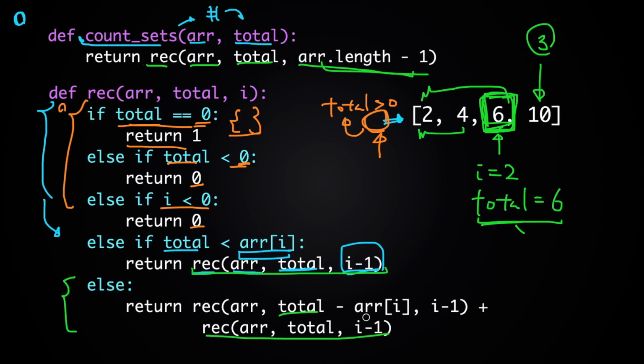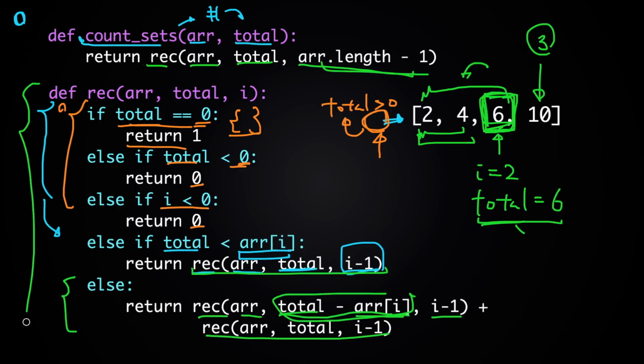So total minus r square brackets I out of these two elements only. So you can find that with rec r total minus r square brackets I. So that'll be the new total that we'll be looking for subsets for, and I minus 1 to go to the next element. And that's my recursive solution.